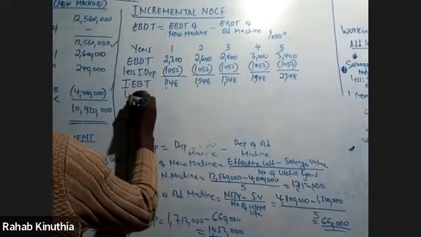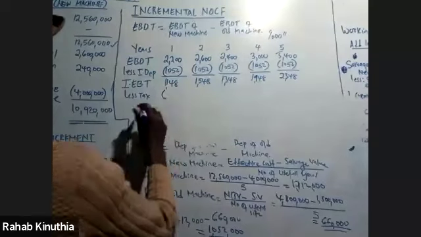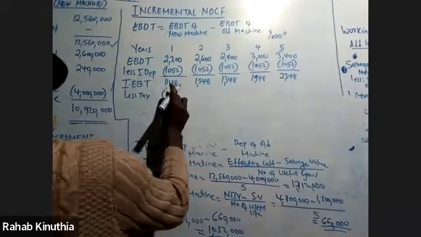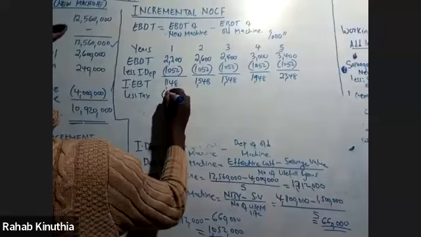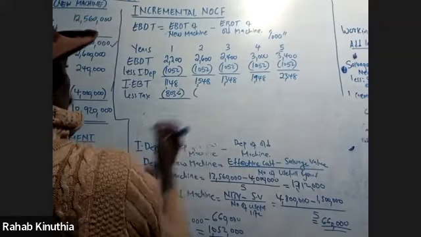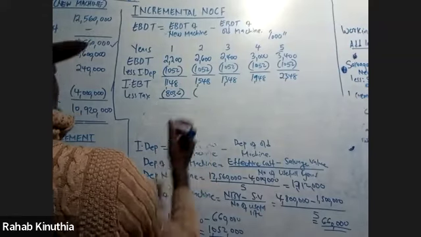Then we less tax 30%. So 30% of this amount. So 30% of 1148, 803.6. 30% of 1548, 464.4.